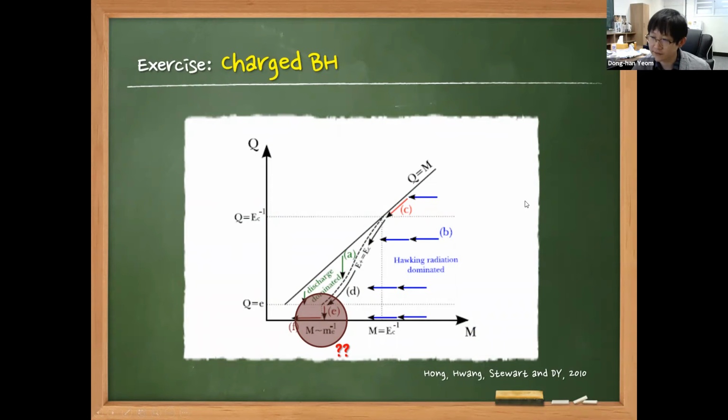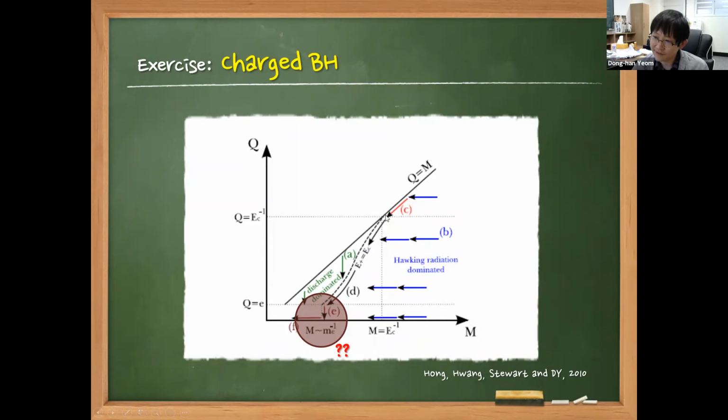So it's believed that you must start from this part, and due to the Hawking radiation, you will approach the extreme black hole limit following track B. Once you approach the Q equals M curve, then you will mainly follow this extreme limit because now the Schwinger effect is dominant.